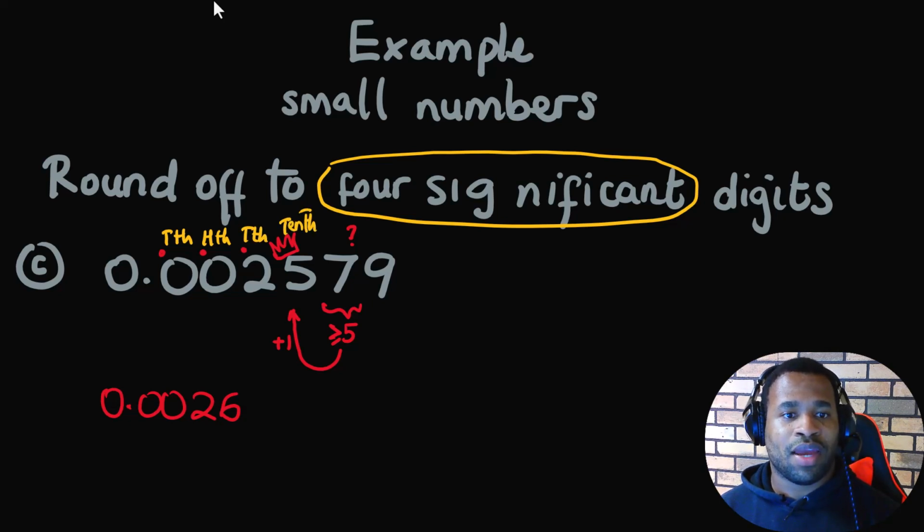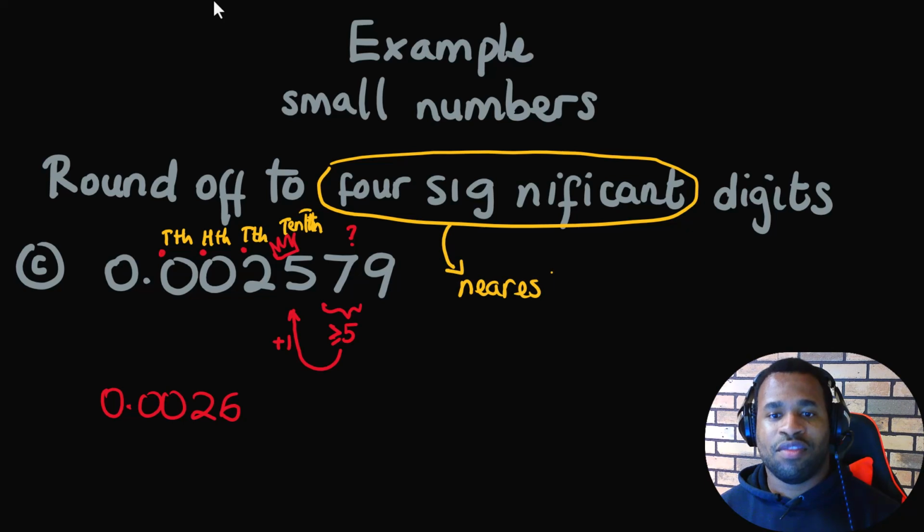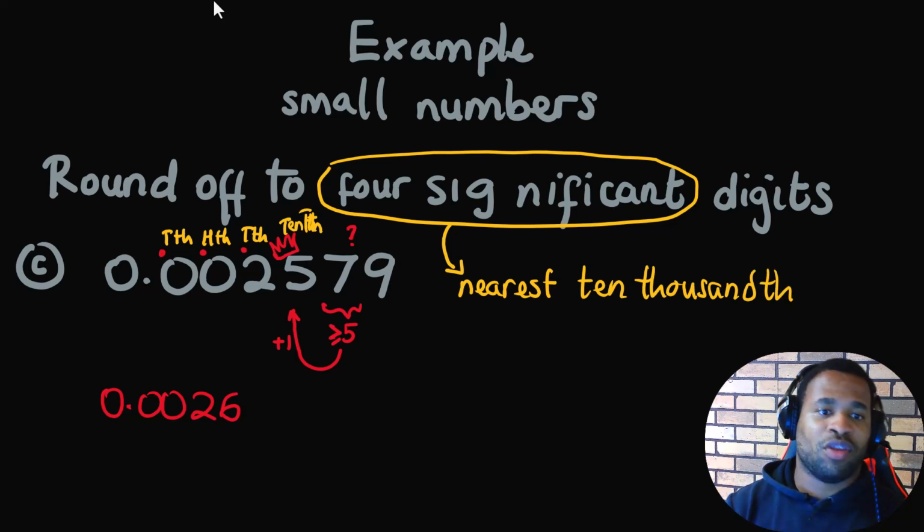This here automatically is going to be rephrased as to the nearest 10,000th.